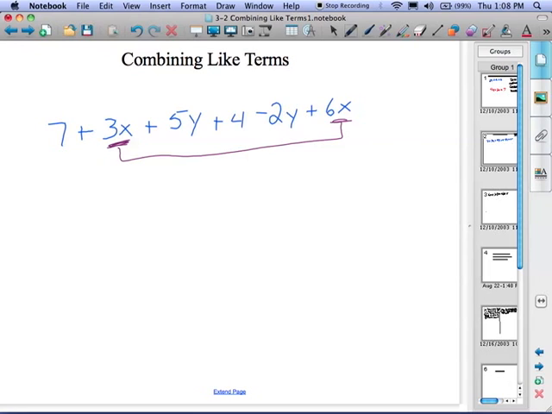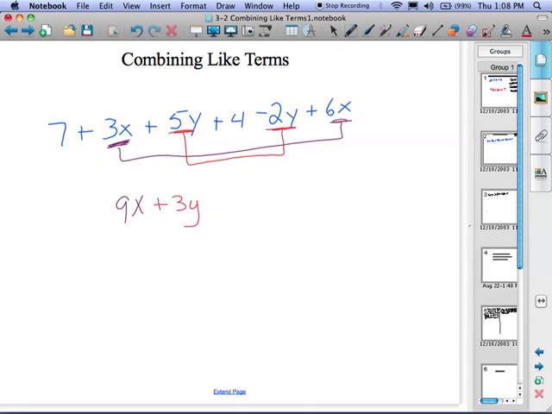We'll get 9x. Moving ahead in variables in alphabetical order, I have a 5y and a negative 2y. What happens when I combine a 5y and a negative 2y? The y stays the same, but the 5 and the 2, 5 minus 2 is 3. So we're left with 3y when we combine all the y terms.